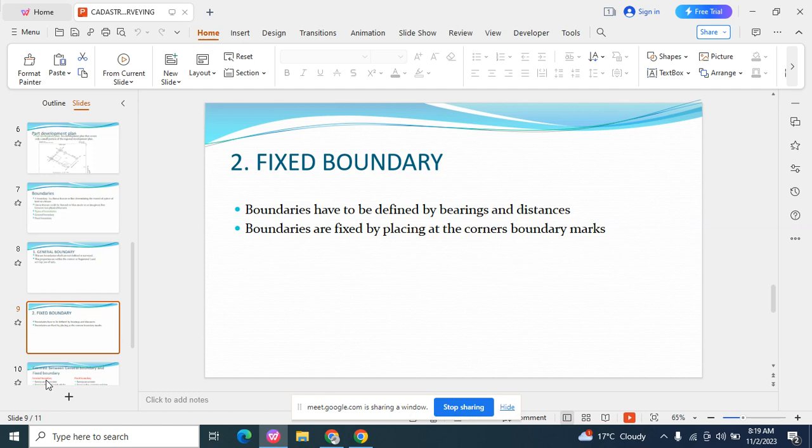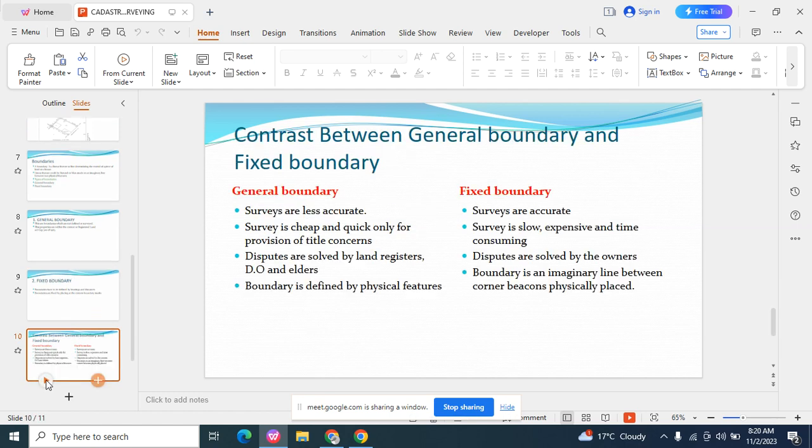Then we go to fixed boundary. Boundaries have to be defined by bearings and distances, or boundaries are fixed by placing corner boundary marks, for example when you use a total station. Then we go to the contrast between the general boundary and the fixed boundary. In general boundary, surveys are less accurate because you don't use bearings and distance.